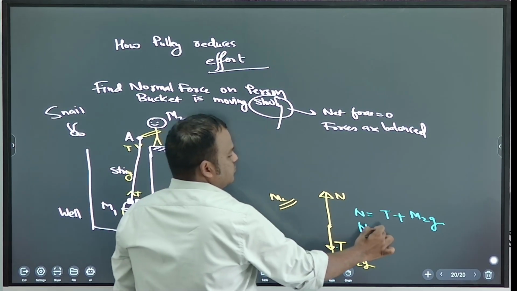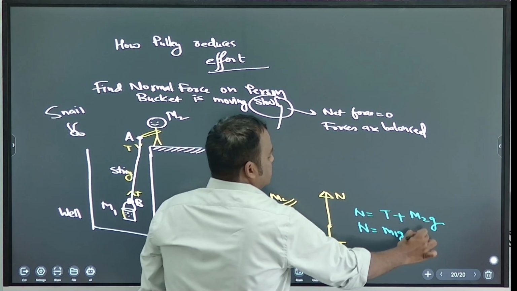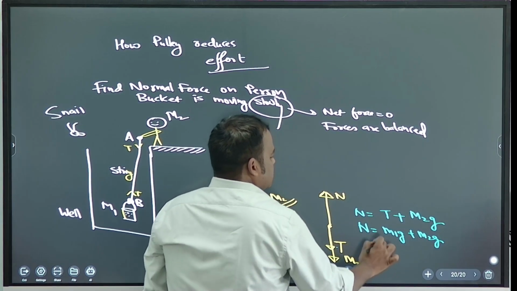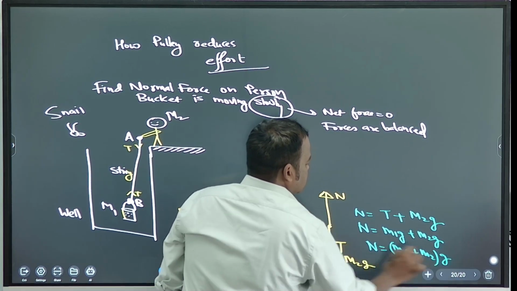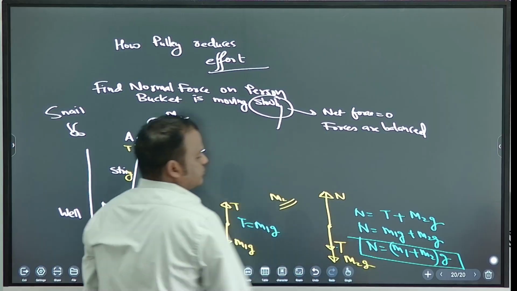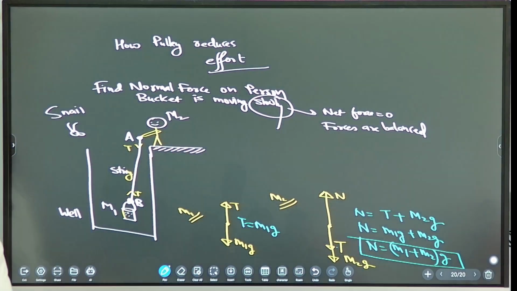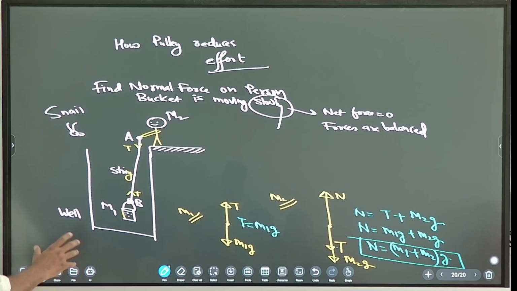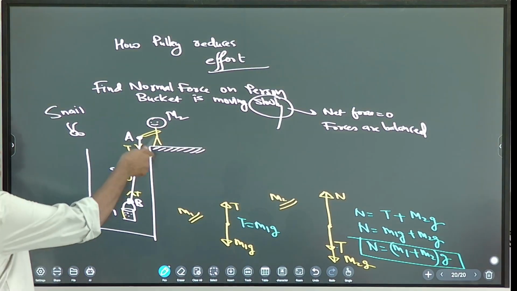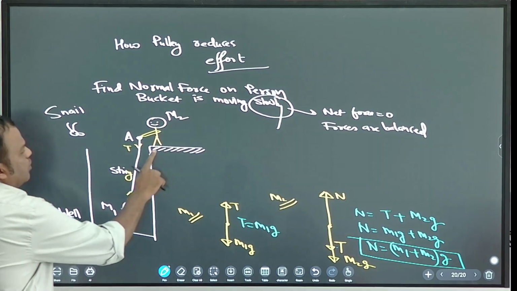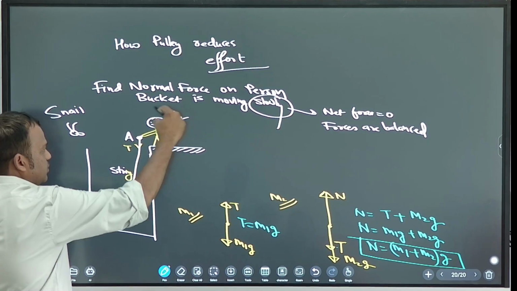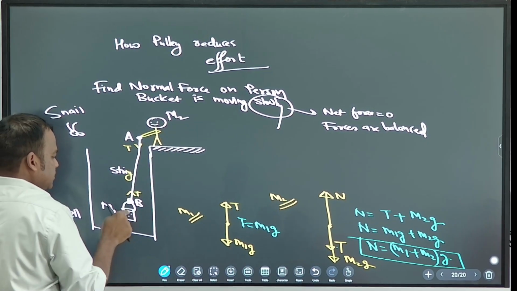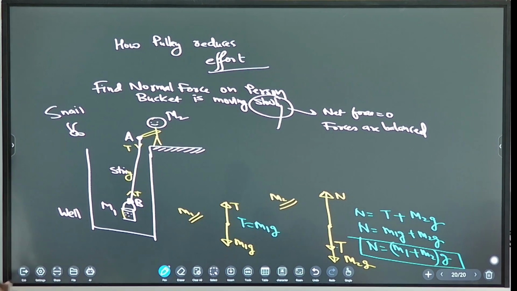So what is N? m1g plus m2g. So normal is equal to (m1 plus m2) into g. So this person will feel more tired, because the normal from the ground is equal to the weight of the person as well as the bucket.